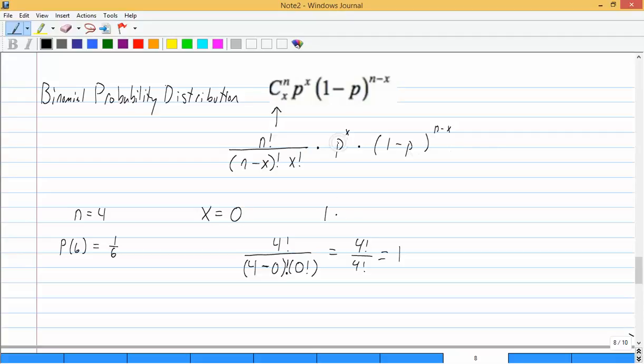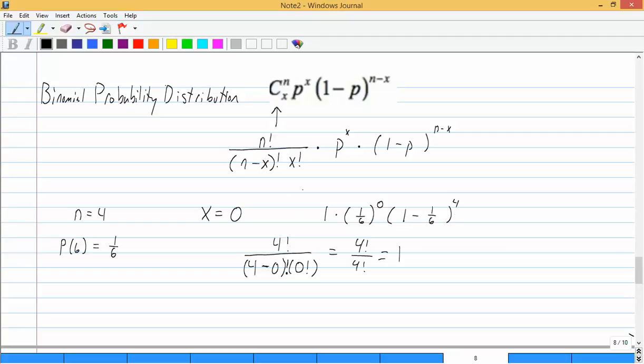We get 1 times the probability of a success, that's 1/6, raised to the, for x equals 0, that means we don't want to get any 6, so that would be to the 0 power, times 1 minus 1/6 to the n minus x power. That would be 4 minus 0 power, or 4.